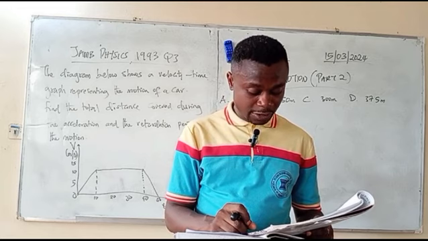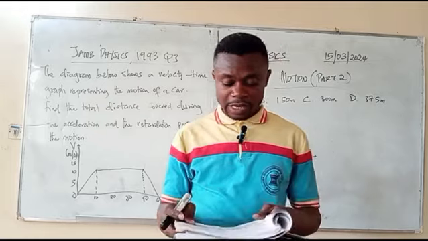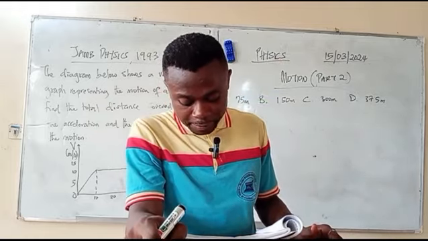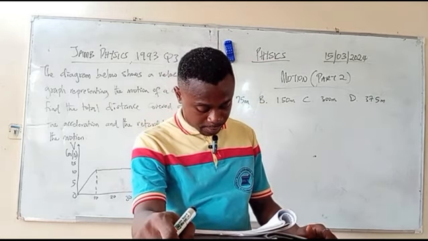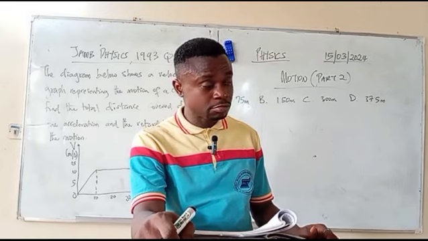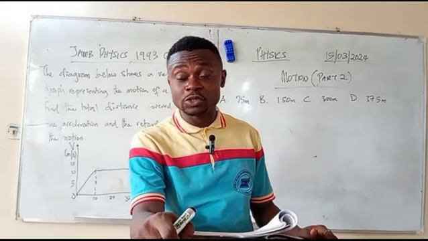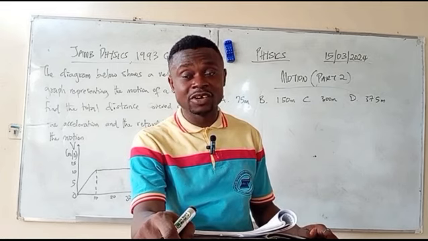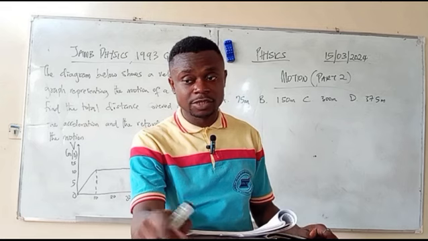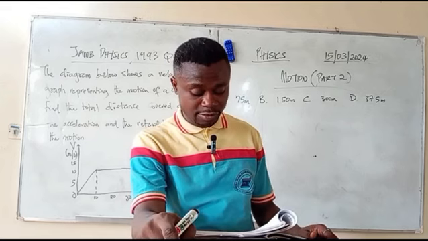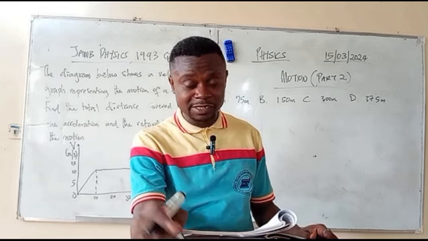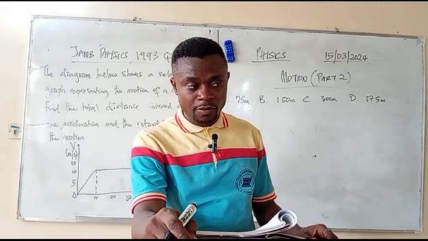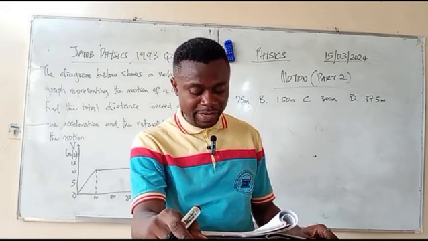Tell us what I said about the area. You want to calculate the distance covered in a velocity time graph. Check your note fast. I made the general statements. For a uniform motion, I made a statement on that.